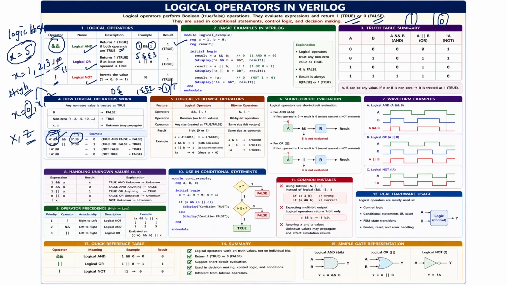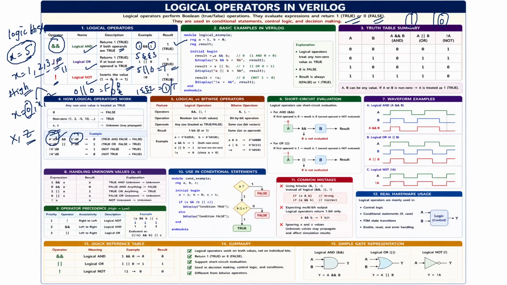How does the OR operator work? Only if both the values are low do we get a low output. If any one of the inputs is high, you get a high value. Suppose you take 5 or 0, you get the true value. Only when both inputs are low, 0 or 0, do you get the false value, a 0 output.